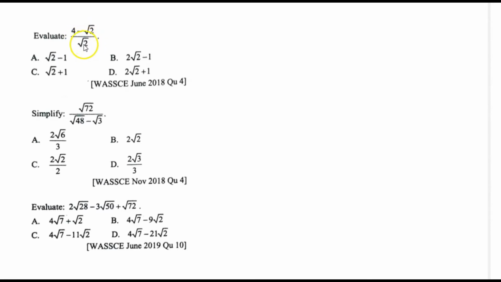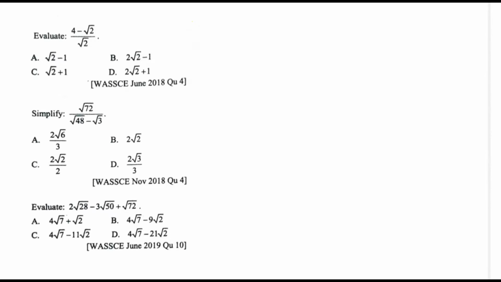If you analyze it carefully, you realize that it's a monomial surd at the denominator. In order to rationalize monomial surds, you simply multiply the surd by itself. And whatever you do to the denominator, you equally do the same operation on the numerator.